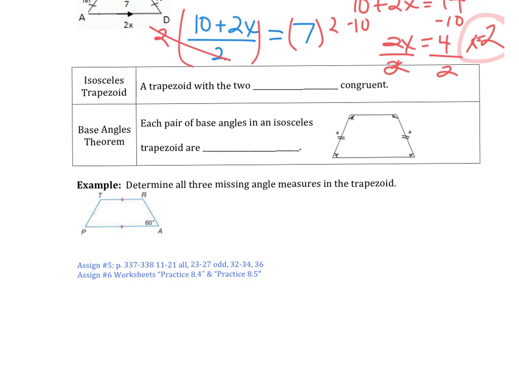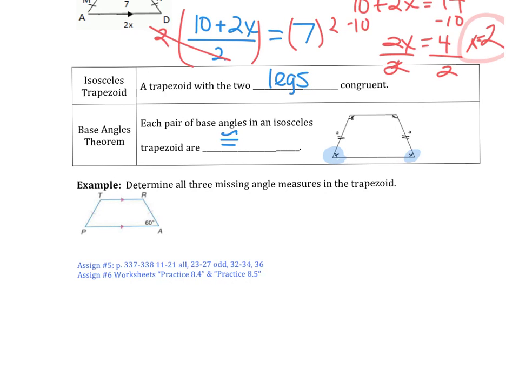All right, we're going to talk about an isosceles trapezoid. Just like an isosceles triangle, I have 2 legs that are congruent. Trapezoid with 2 legs. The legs are the non-parallel sides. They're congruent. And the base angle theorem for a trapezoid says that each pair of base angles in an isosceles trapezoid, so our base angles, are congruent.